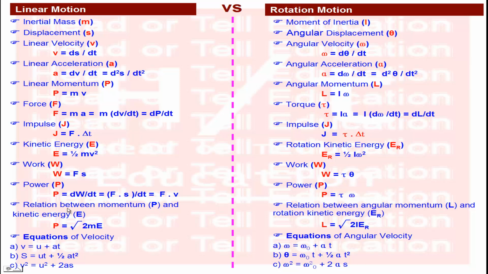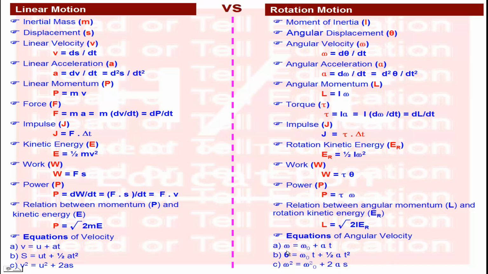Now in linear motion, the equations of motion are: first, v equals u plus at; second, s equals ut plus half at square; and third, v square equals u square plus 2as. Here v is the final velocity, u is the initial velocity, a is the acceleration, t is the time, and s is the distance. Similarly in rotational motion, the equations of angular motion are: omega equals omega 0 plus alpha t; theta equals omega 0 t plus half alpha t square; and omega square equals omega 0 square plus 2 alpha theta.